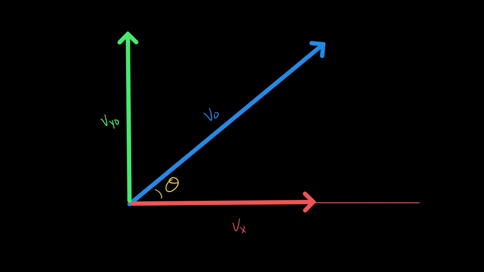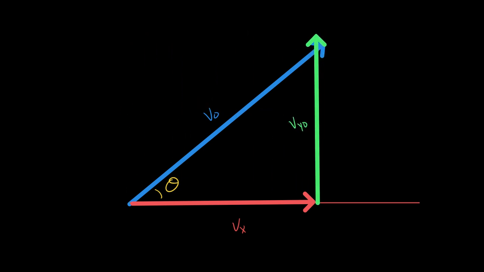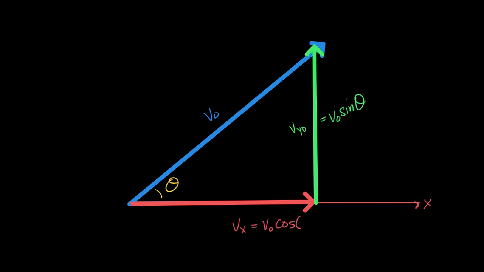It should be clear to all present in the room that there is a relationship between Vy naught, V naught, and Vx. Do we see the relationship? Now, as long as our angle is always made relative to the horizon, it will be true that this will always be V naught sine theta, and this will always be V naught cosine theta. But it has to be that the angle is measured relative to the horizon. Be careful.